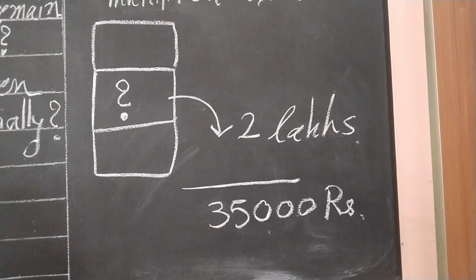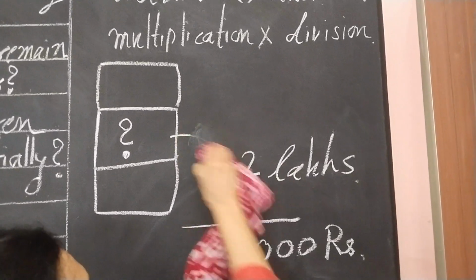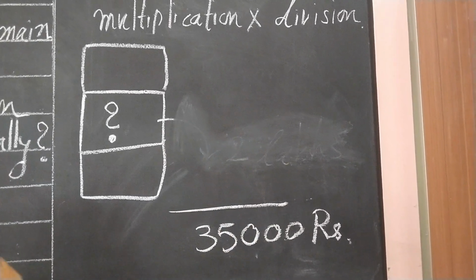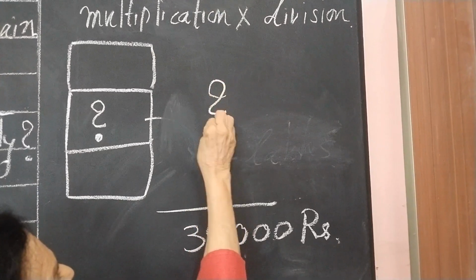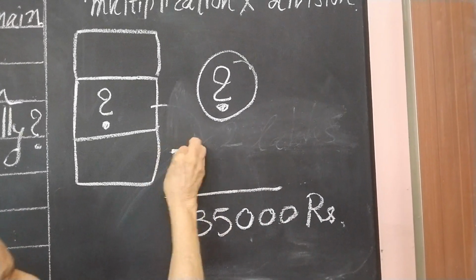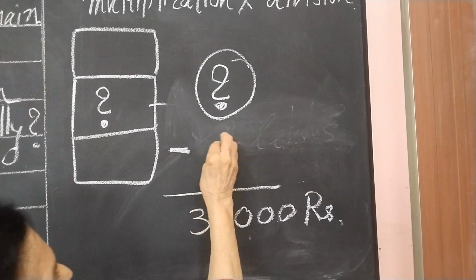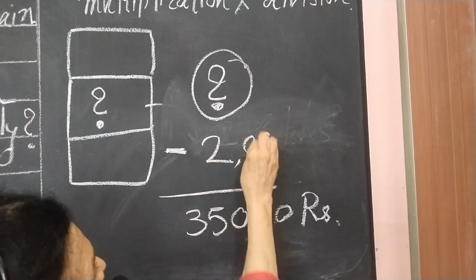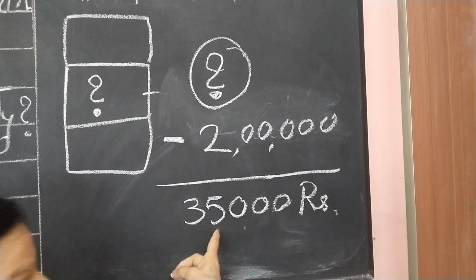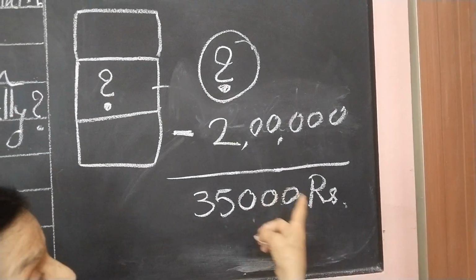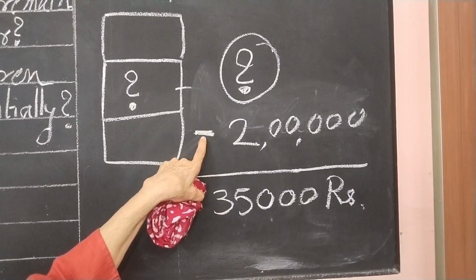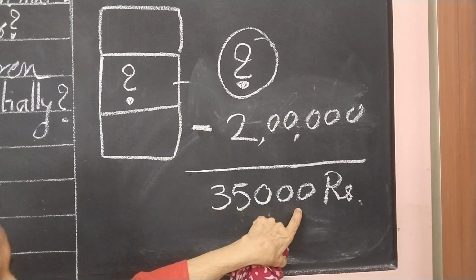So this whole thing we can represent as a case of subtraction, because initially there was a lot of money. Out of it we are taking out 2 lakhs, means subtraction, and what remains is 35,000 inside the locker. So here we go. Initially there is a lot of money, but the figure we do not know. I am removing, means subtracting, 2 lakhs from it, and still I have got 35,000 rupees inside. So here we know that in subtraction the final answer is this.